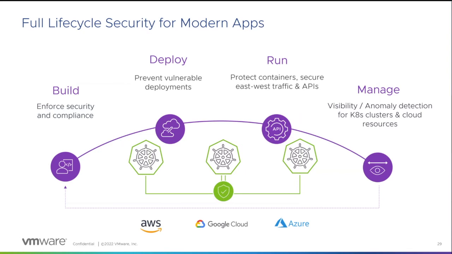And at VMware, we have very strong capabilities that secure these modern apps through their entire life cycle, spanning from build through to deploy, run, and the manage phase. Our platforms allow you to shift security left, moving it much earlier into the development phase so that vulnerabilities and security issues can be minimized as the apps get deployed into production.